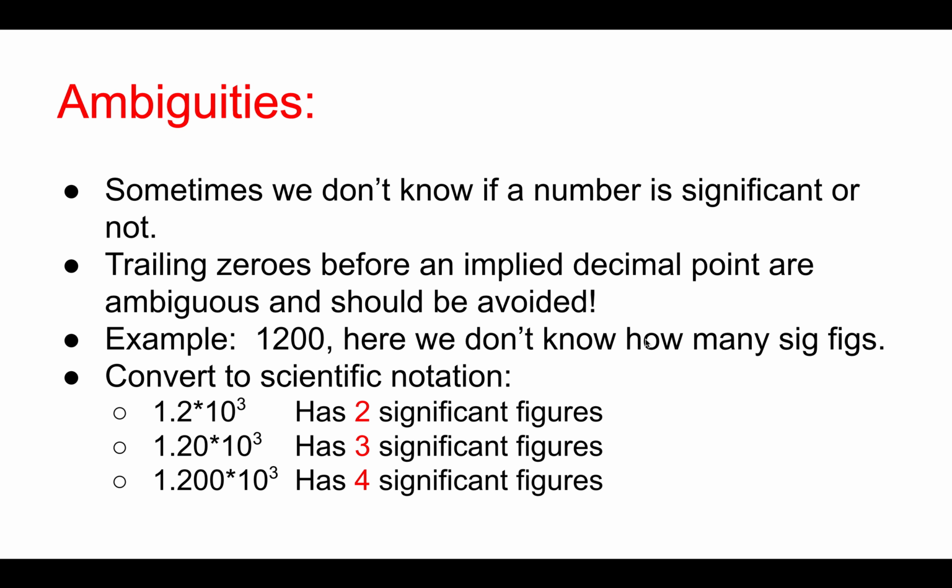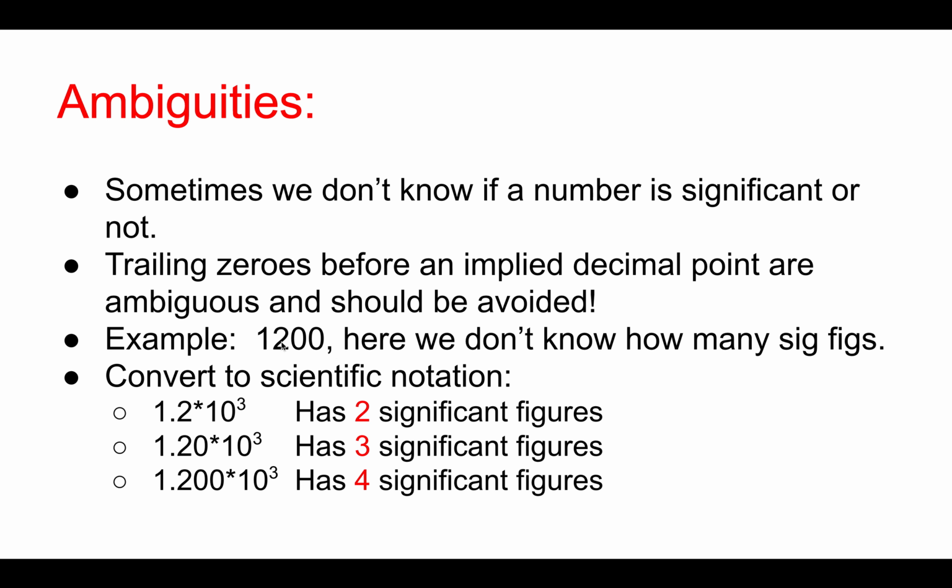However, there may be some ambiguities that arise. Let's consider this example here, 1,200. None of the rules that we just talked about relate to this 0 or that 0. So we don't know if they're significant or not. So this number would have to be converted to scientific notation.